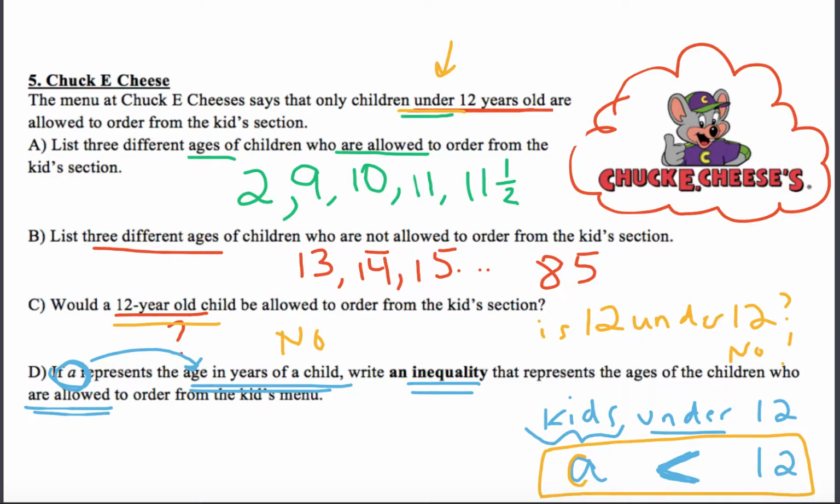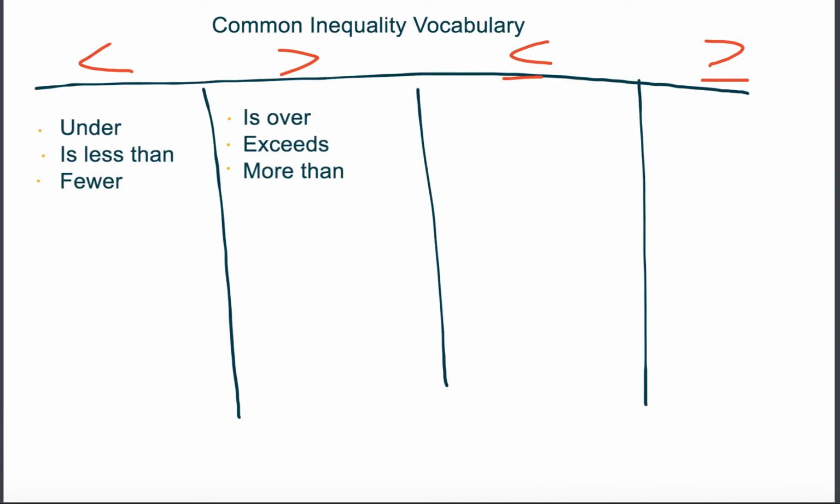So if your age is less than 12, you are allowed to order from the kids menu. The key word in this situation was this word under, which is a translation for is less than in math.